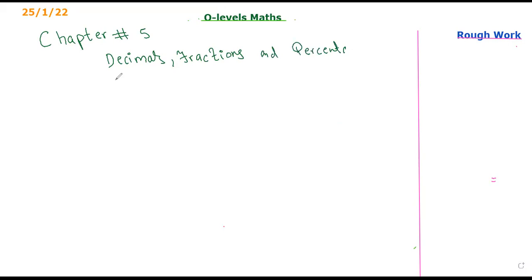Okay, now what do you guys understand by decimals? Any number with a decimal, 0.675. This is what decimals are. In any number, there is this dot. This is the decimal.